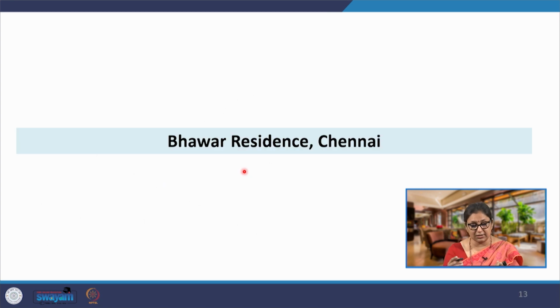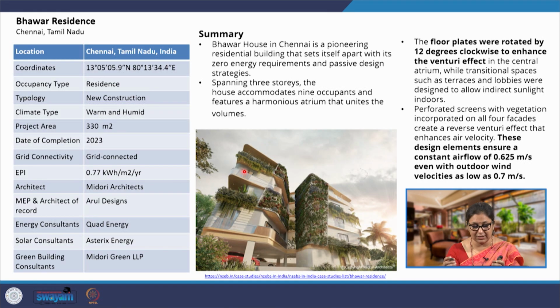Let us look at another example, which is of Bhavar residence in Chennai. So, this is a very interesting example, and Chennai, we understand it is warm and humid, and there is a lot of humidity due to the proximity to the sea, and it is also decently warm. So, what they have done is, the first thing is the design, as I always say.